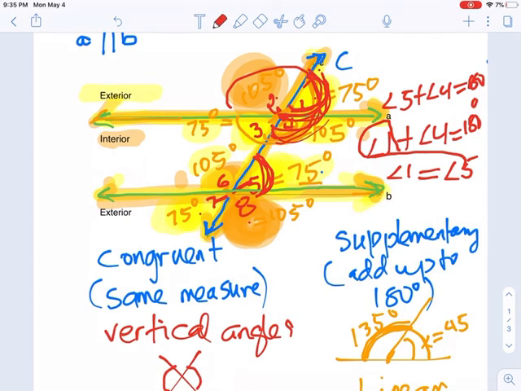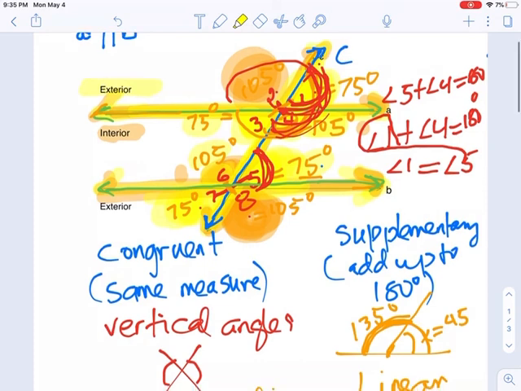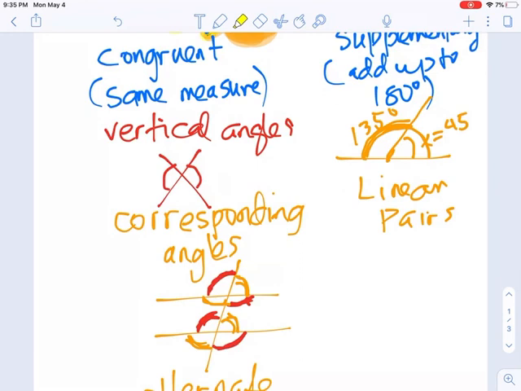So if you notice 4 and 5, they're inside the parallel lines and they are on the same side of the transversal. Okay, and so 4 and 5 and 3 and 6, we call those same side interior angles, and they are supplementary.